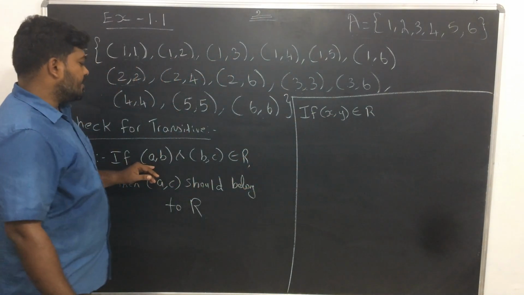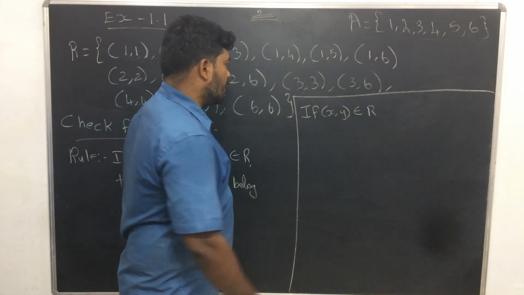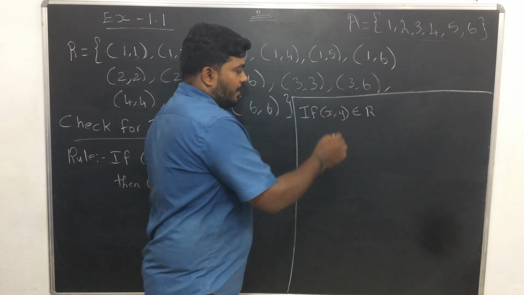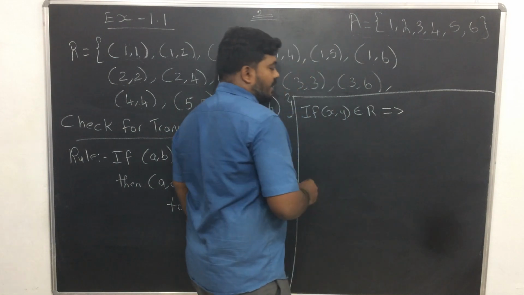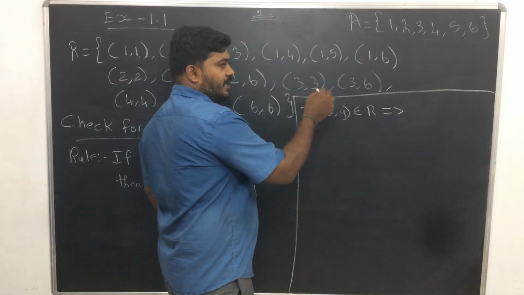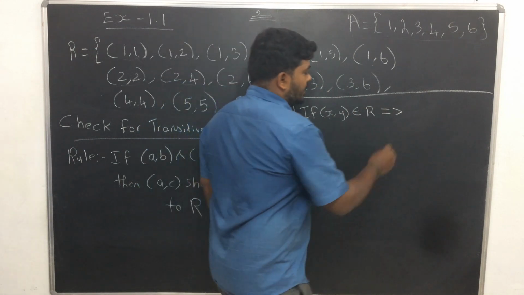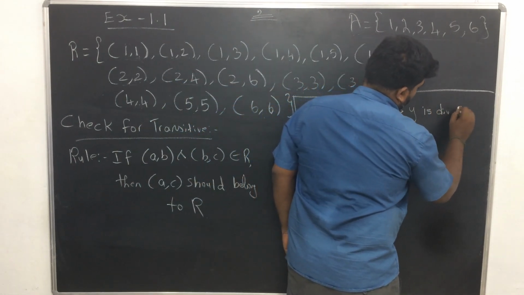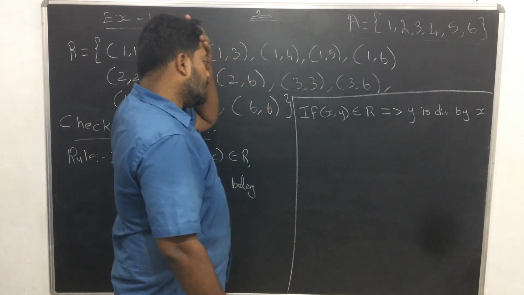The general rule is A comma B, but since it is x and y in the sum, we will say x and y itself. So if x comma y belongs to R, what does it imply? As per the relation given in the sum, it implies that y is divisible by x, right?